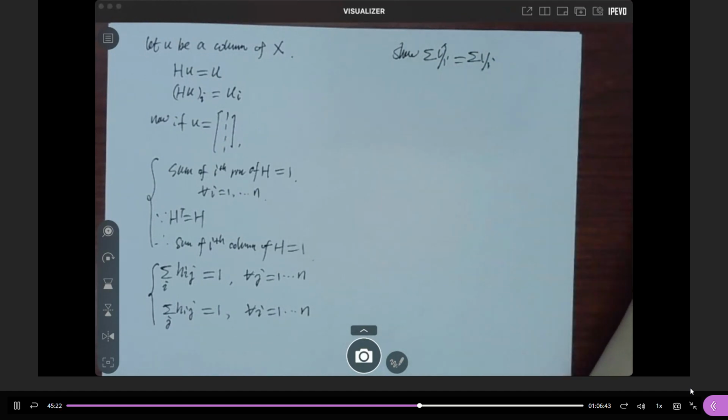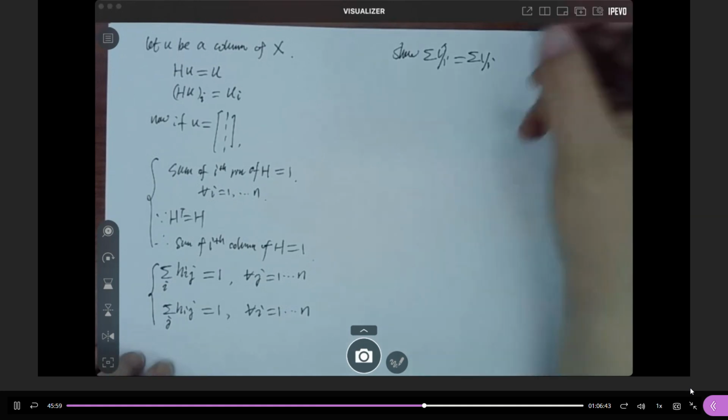Just use the property I just showed here. Can you do that by yourself? Not really. Okay.